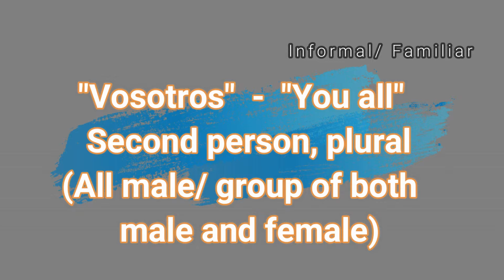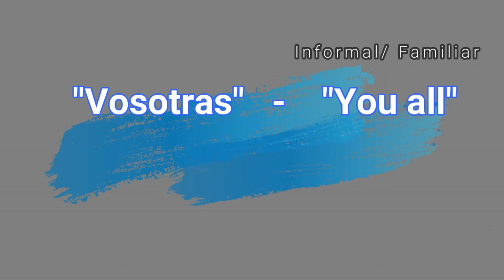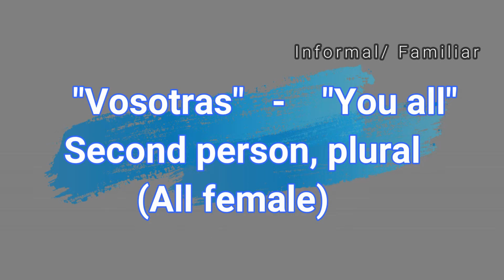So now you have vosotras, you all as well, second person plural, but this time all female. Notice the change with OS and AS. If you have OS, it's a mixture of both genders, or just male. And if you have AS, it's only females. And it's also informal.